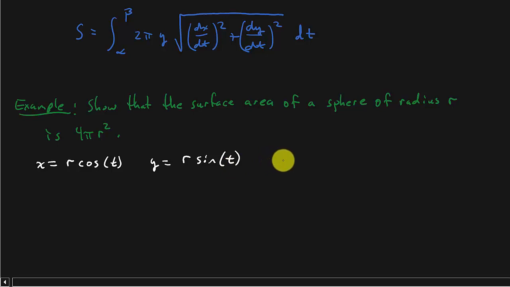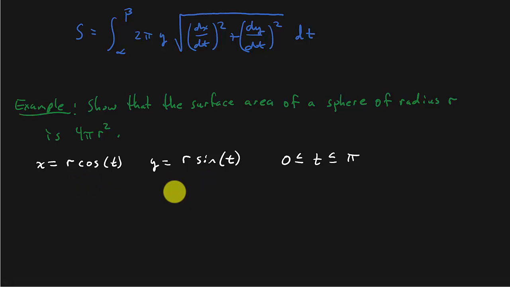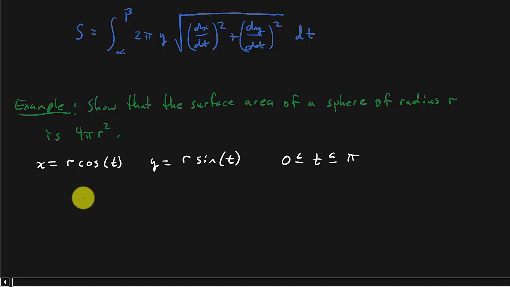Okay, and we know this is a circle. That was from the previous section on parametric equations when we graphed them. That's the video right before this one, so take a look at that when we go over graphing these things.